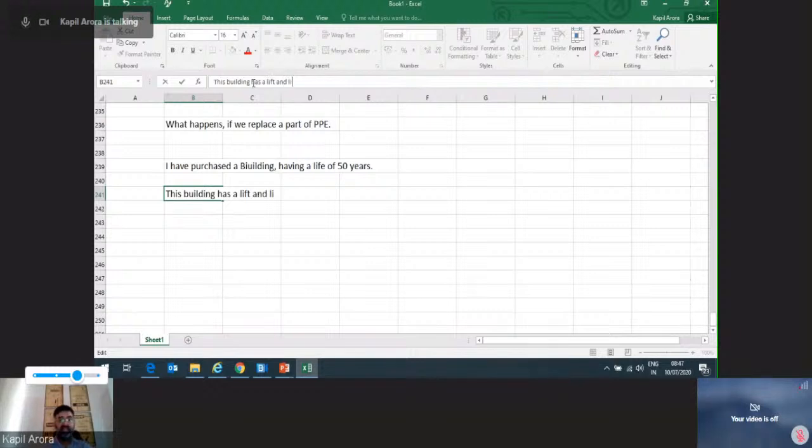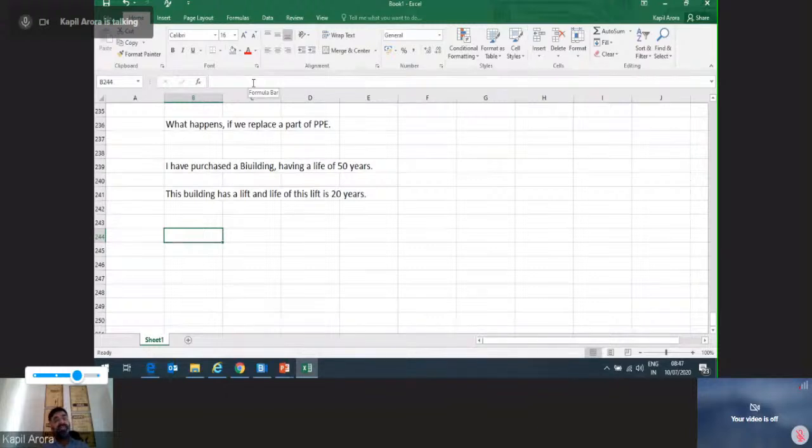And the life of this lift is 20 years. So I have purchased the asset, I purchased the building. The building has a life of 50 years, whereas the lift has a life of 20 years. Now what will happen after 20 years? The lift will be replaced.